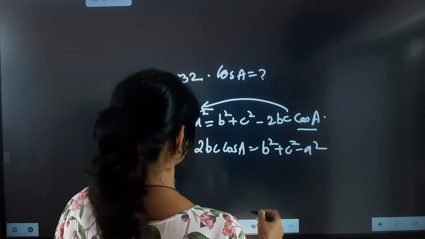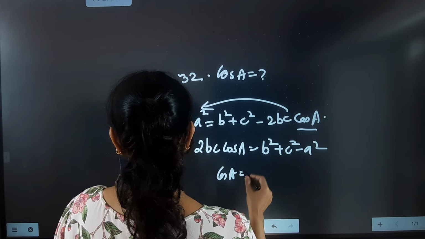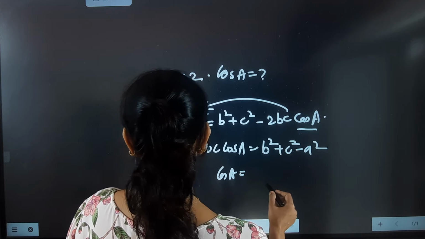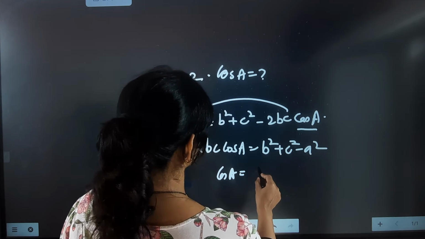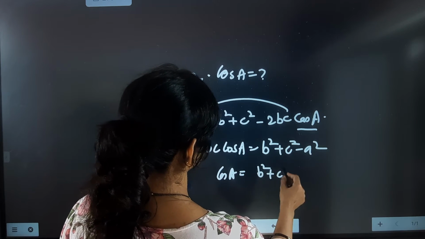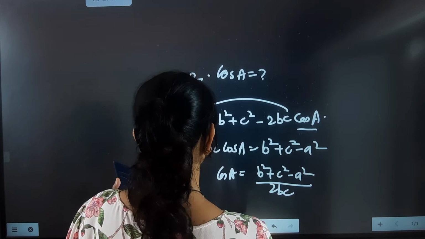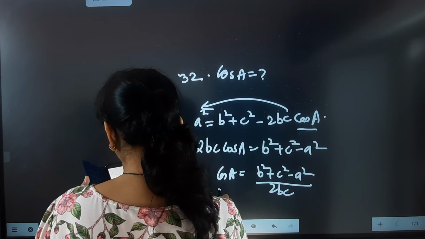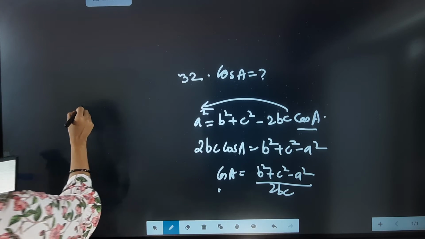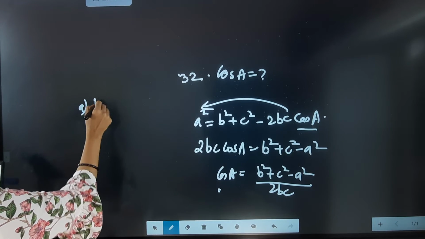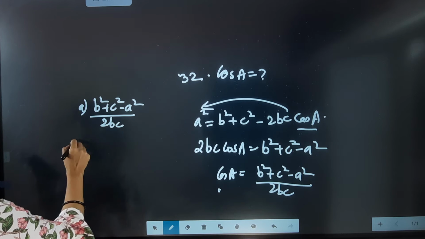Then cos A will be equal to B square plus C square minus A square by 2BC. So this is exactly going to be the correct answer. The options given are: first, B square plus C square minus A square by 2BC.